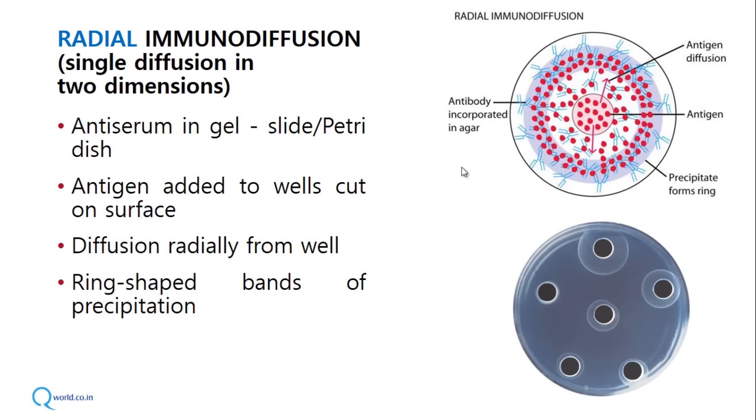Now what will happen, this antigen will spread from this cut well into the antibody agar gel, and when both antigen and antibody are in zone of equivalence, we get a band, and that band will form a ring, because this is happening in two dimension. So we get ring shaped bands of precipitation. So this is known as a radial immunodiffusion or single diffusion in two dimension.